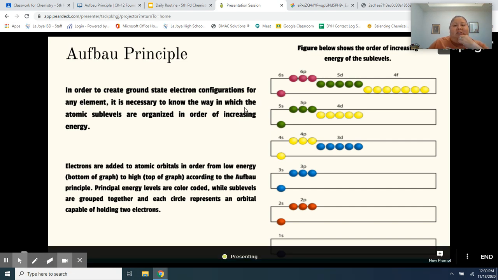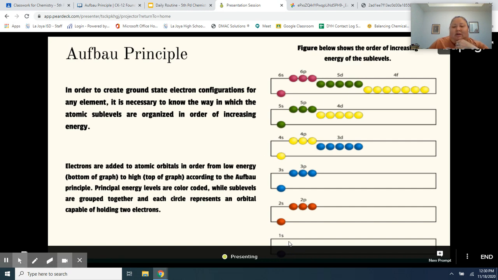It is necessary to know the way in which the atomic sublevels are organized in order of increasing energy. And you have a figure below that shows you the order of increasing energy of these sublevels.